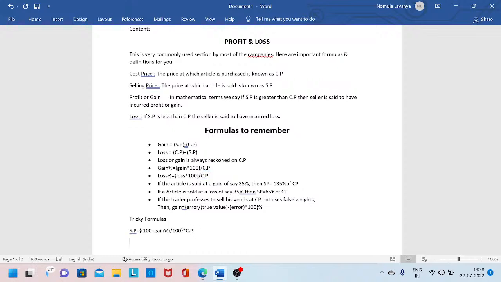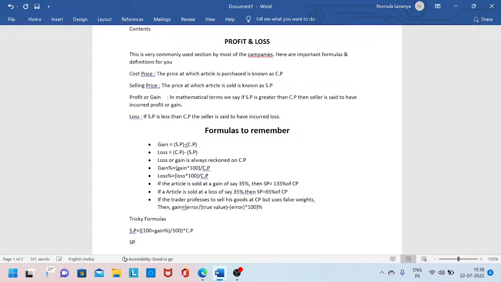SP equals 100 plus gain percent slash 100 into cost price, okay.